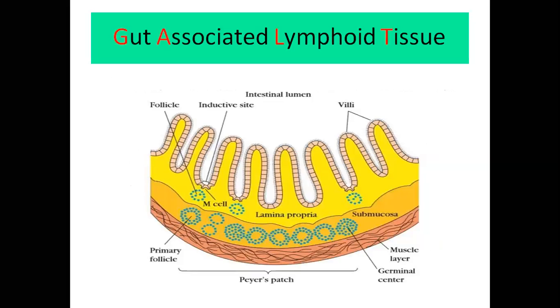Similarly, the same thing happens here in the gut associated lymphoid tissue. This is the intestine, and the intestine is also mucosa, made up of mucous membrane. So in the same way, in the intestine, you see the presence of villi on it. Okay, this is the M cell, this is the lamina propria, and these are the different organs.